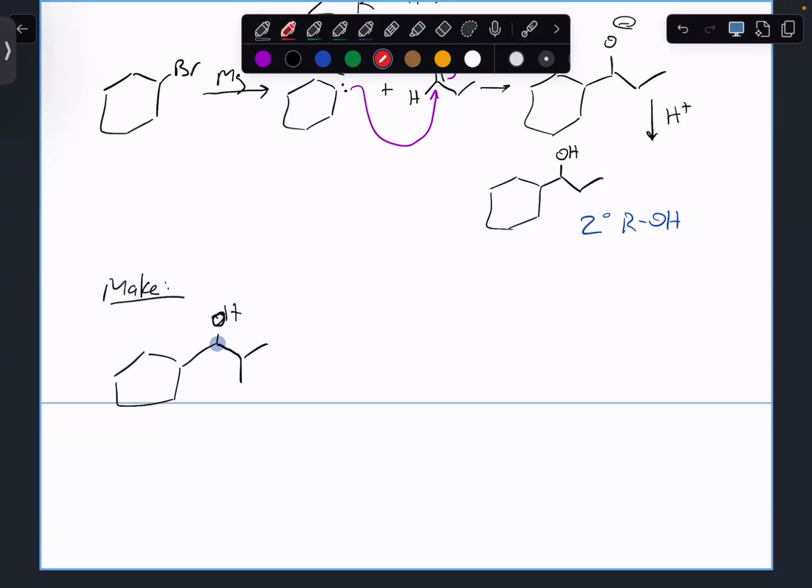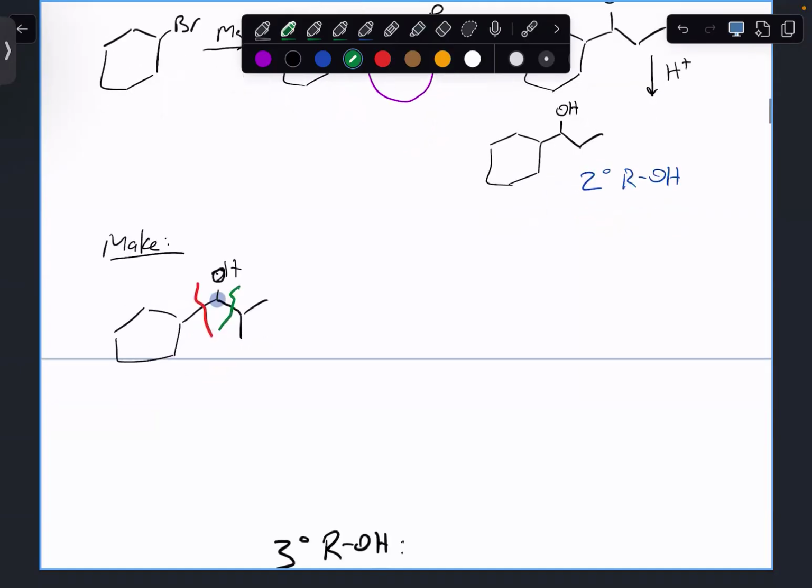We could disconnect on either side of the carbon. I could break it like this, or I could break it like that. Remember, the piece that holds the OH used to be the carbonyl, used to be the C double bond O.